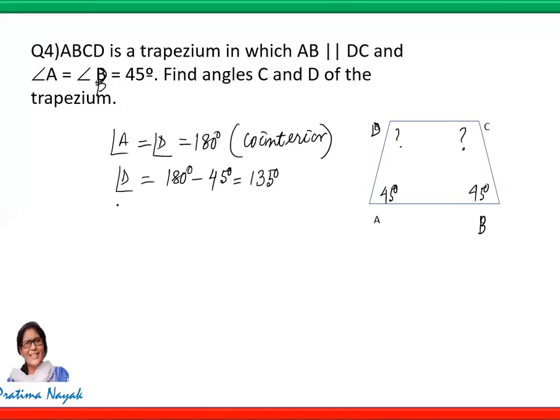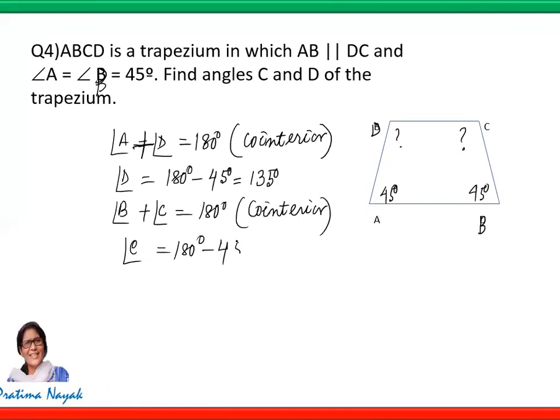Similarly, B plus C is equal to 180 degree. They are your co-interior angles. So again, angle C is equal to 180 degree minus 45. That will be 135 degree.